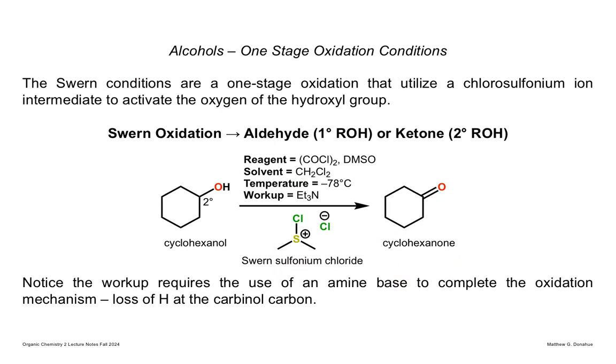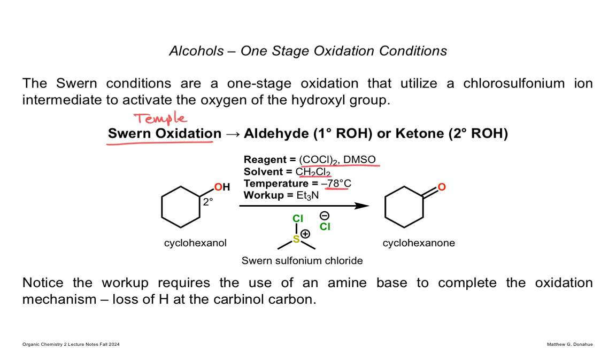So one alternative is what's called the Swern oxidation, and so Swern was at Temple University in Philadelphia. And so this is what's called like a witch's brew of reagents. You take these 2 reagents here and dichloromethane.